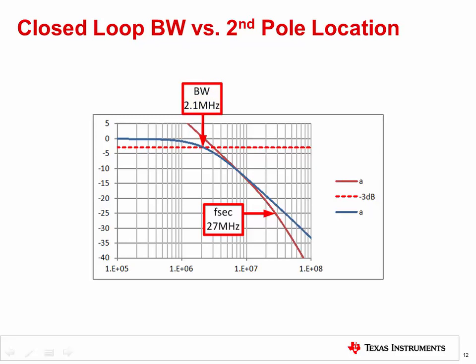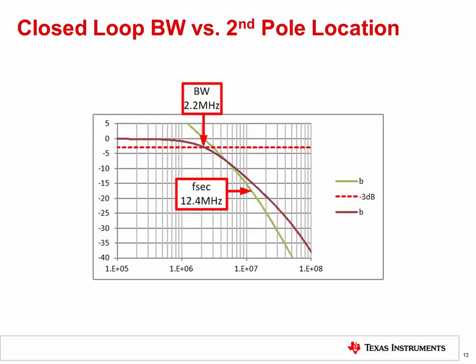In the next few slides, we will decrease the frequency of the second pole location from 27 MHz down to 2.5 MHz. The second pole frequency was reduced from 27 MHz to 12.4 MHz, and the bandwidth increased from 2.1 MHz to 2.2 MHz. Now I will flip through the slides quickly.